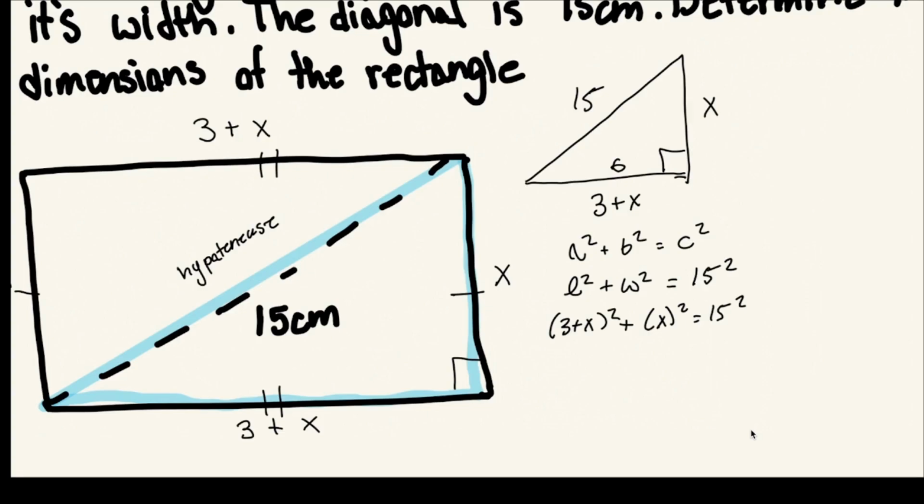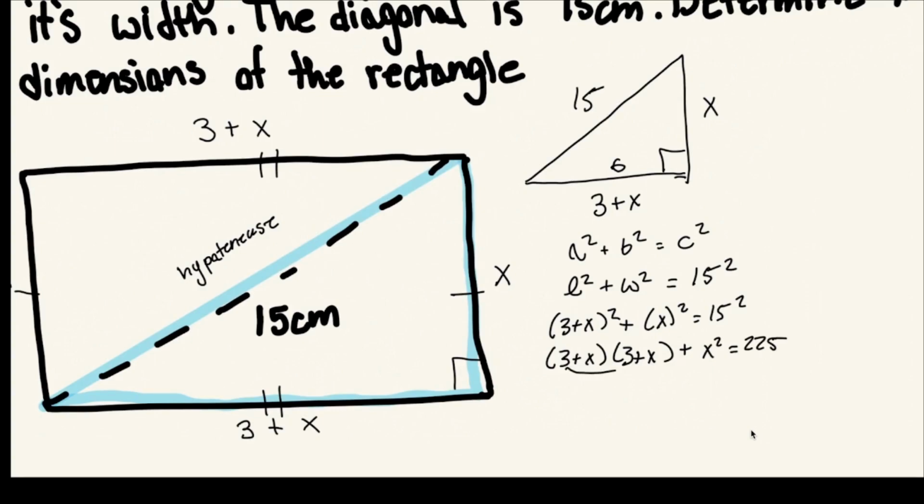So if we evaluate this, we are going to be left with 3 plus x, because we have to simplify this still, 3 plus x squared equals, what is 15 squared? 15 squared is 225. So it equals 225.